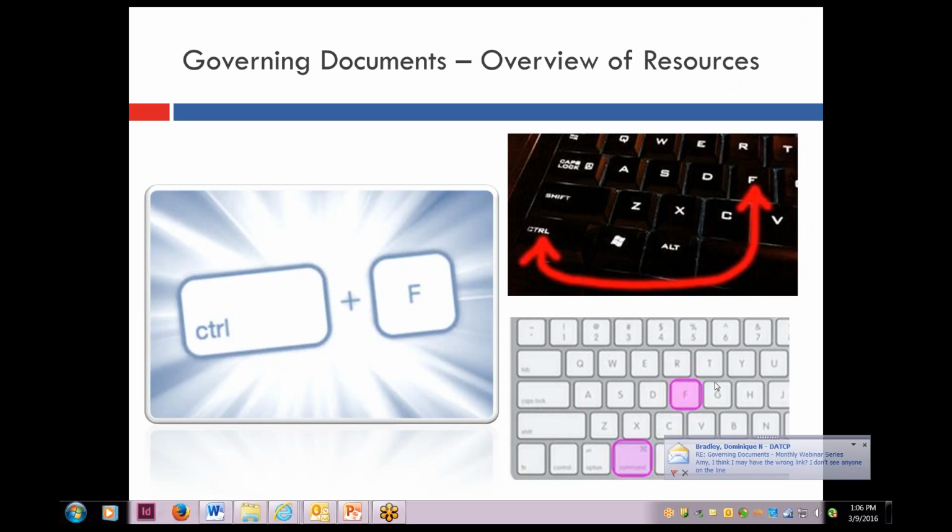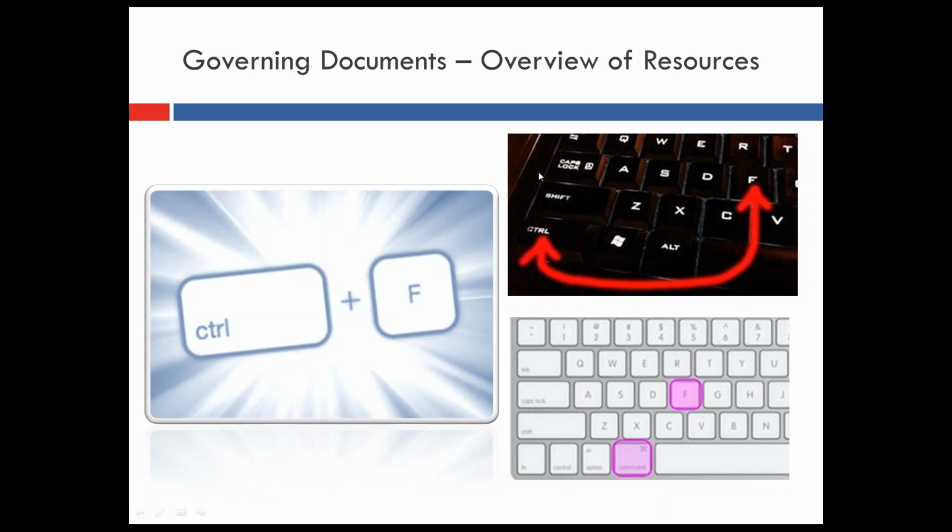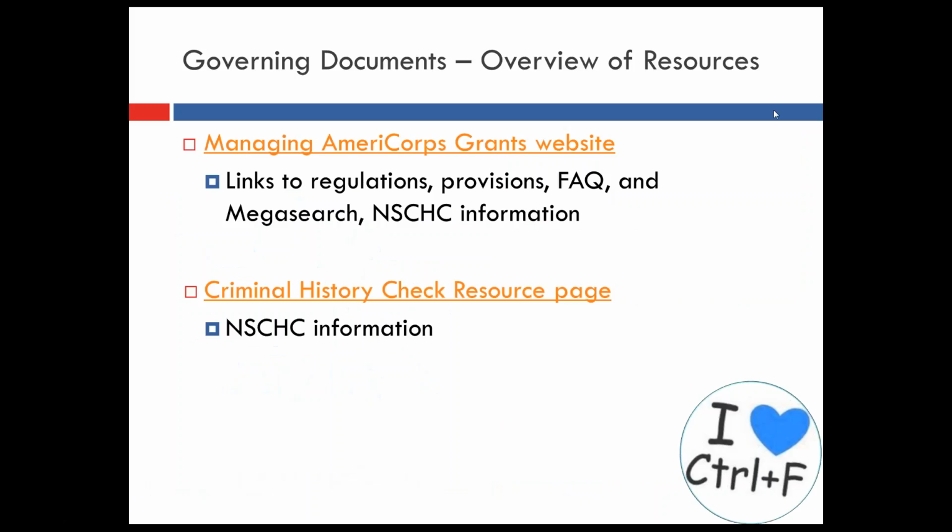If you look at the bottom left of your keyboard, you have the Control button. If you're on a Mac, it's about the fourth button in. It's the Command button. You would hold that down, and then you hit the F key as you're holding down the Control key. I'm going to be doing that a lot throughout this webinar, so I just wanted to start by pointing that out.